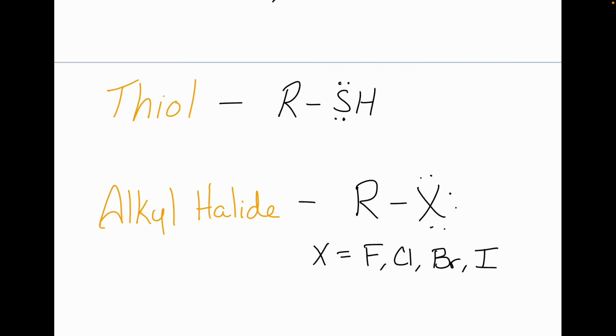All right, and then the last three that we want to be able to recognize all have one very important bond that we will see over and over and over again in organic chemistry, and we've already seen quite a bit, and that is this carbon-oxygen double bond. Okay? This bond right here has a special name.